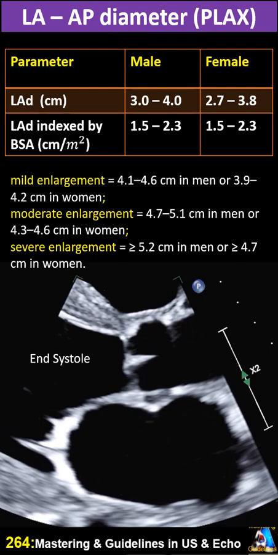Here we have the left atrium AP anterior posterior diameter on the PLAX. All those tips that I mentioned here go the same for the left atrial AP dimension measurements, which you can check on the other clip.